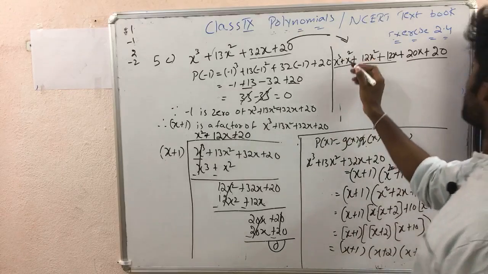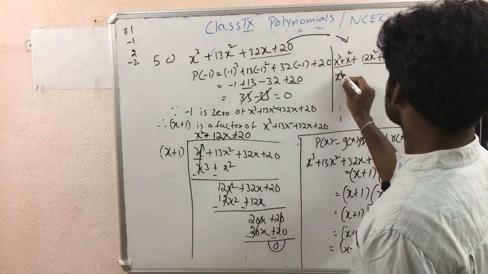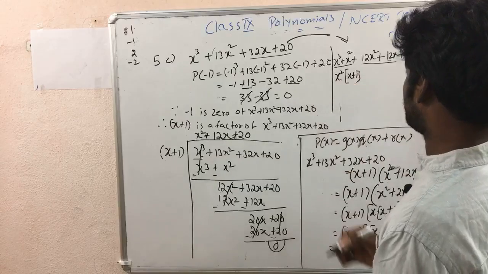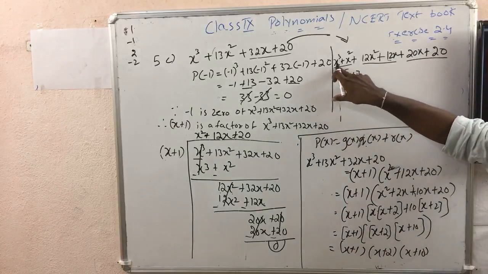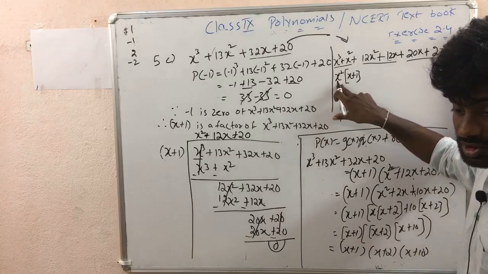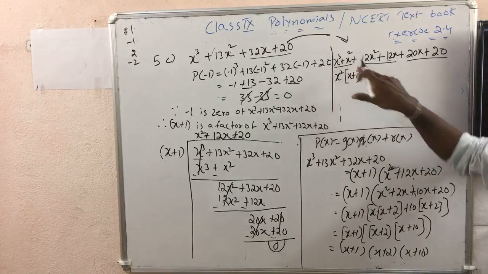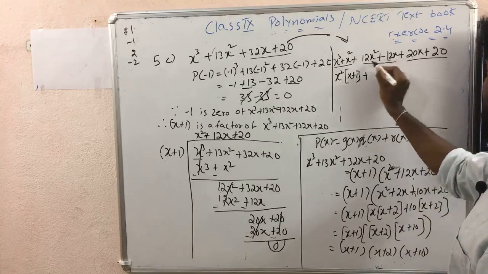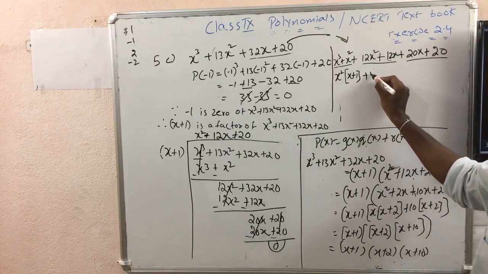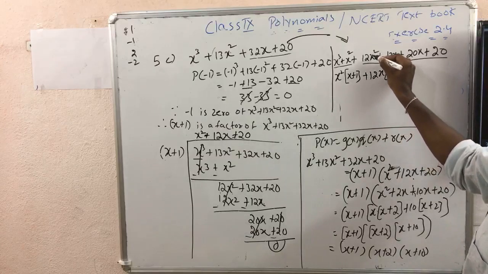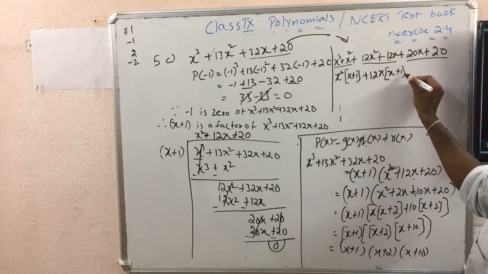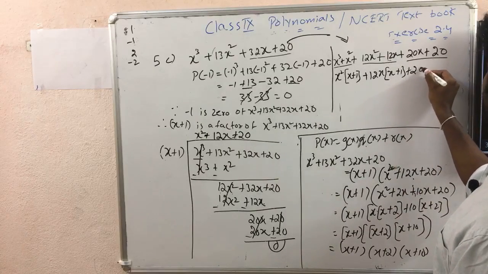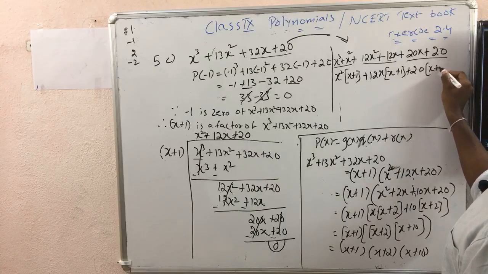In these two terms if you take x square, you are left with x plus 1. Very good Shivam. x square into x gives x cube, x square into 1 gives x square. Plus, in these two terms 12x is common. If I take 12x common, I am left with x plus 1. Next, in these two terms 20 is common, so 20 into x plus 1.